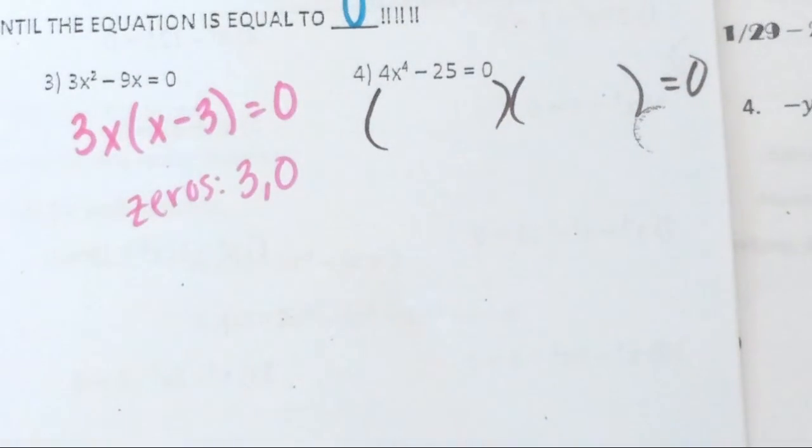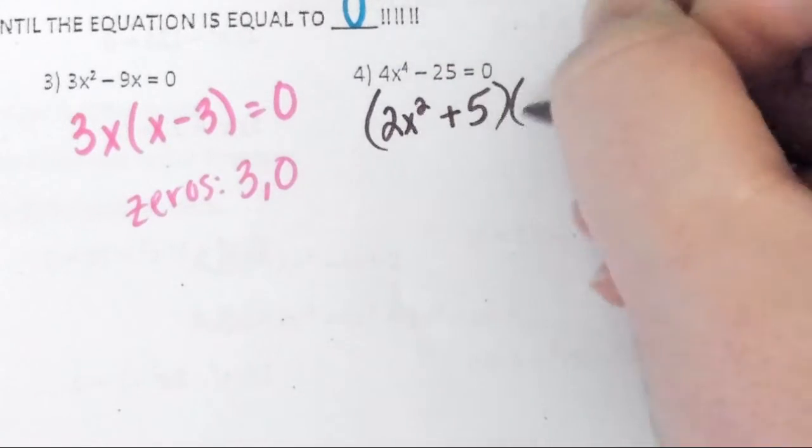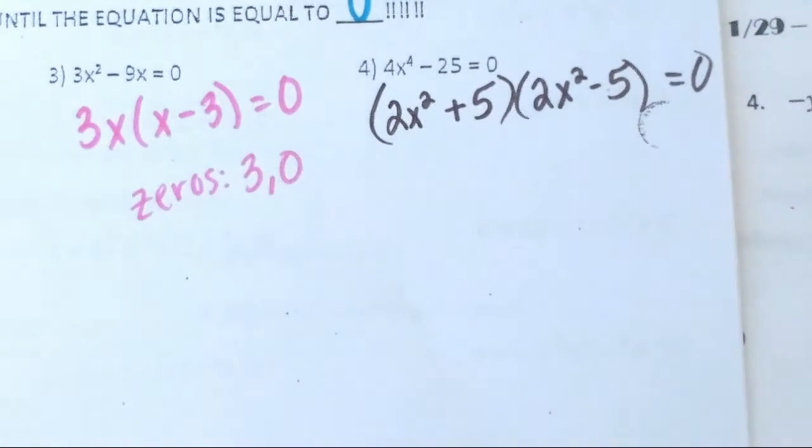Tell me what I should put in both sets of parentheses. 2x squared. Andrea started it off, so we're going to give her the point. Okay. That's good. Except I don't know how to factor either of those from there. It's not like I can do 2x squared minus 5. It's not an easy factor.